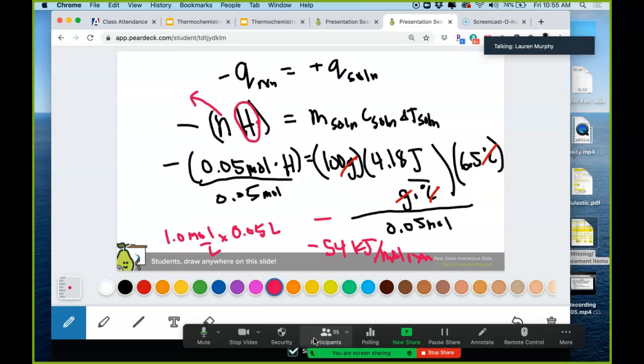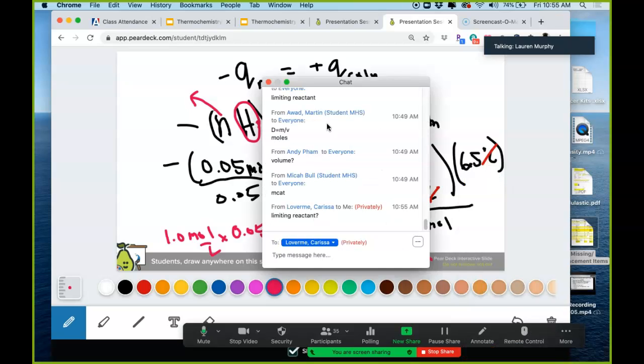If this is the type of problem you get, the moles should always belong to who? Anybody? Guess. It's okay if you guess and you get it wrong. Just try. Who determines the enthalpy or heat of a reaction? What kind of substance? Yes, Carissa, awesome.